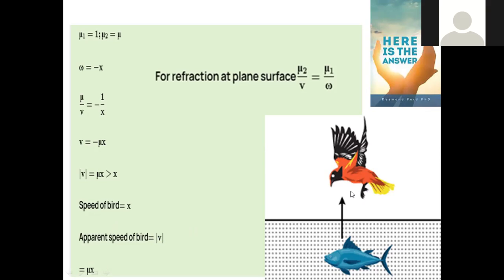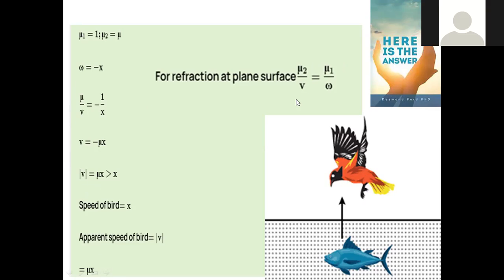So here it will be moving so much faster when compared to its actual speed, it assumes. So that is the second assumption. The first assumption is it is farther away when compared to the original one, and the second is it is moving with a higher speed when compared to its original speed. These two inferences are drawn from this equation.